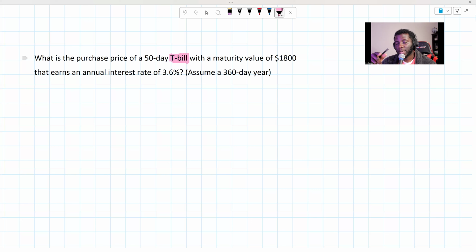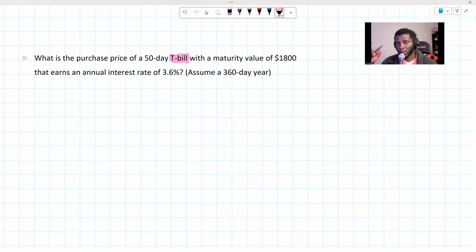Another interesting thing about T bills is that T bills are zero coupon bonds. Now, what does that mean? A zero coupon bond is a bond that does not spit out periodic interest payments. With many other types of bonds, either those issued by the government or those issued by companies, a lot of them give out periodic payments just as a way to give people an incentive to buy them.